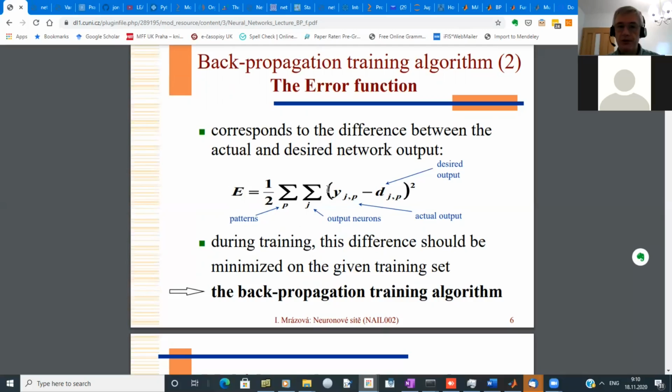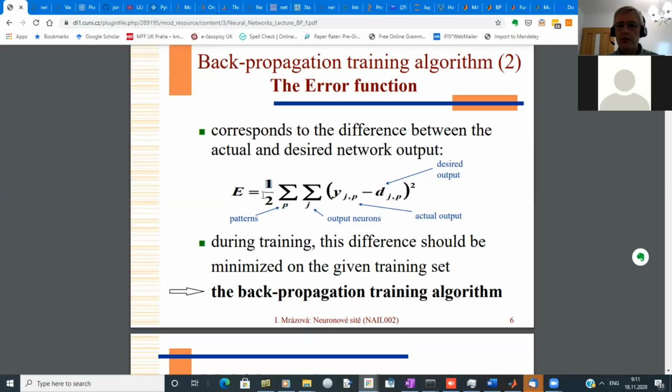So this is the output on the output layer, the jth neuron of the output layer, the output of the neuron for the pth input pattern. From this we subtract the desired value for the output. So this is what we would like to have, this jth output neuron for the pattern p. We square the difference, and we sum all these differences for all neurons in the output layer and for all patterns, and we multiply it by 1/2.